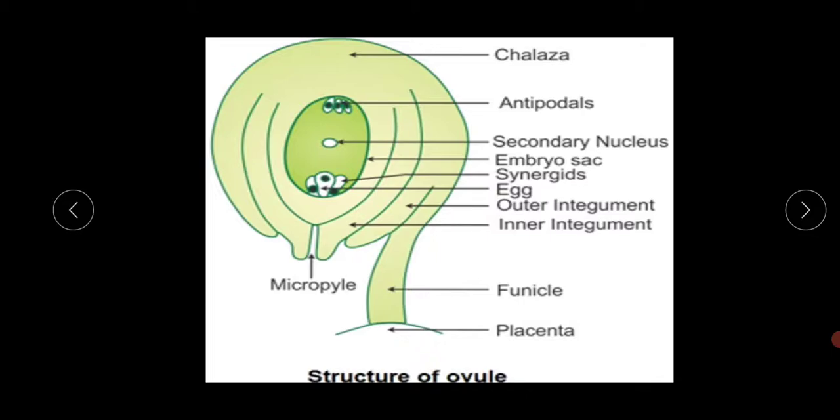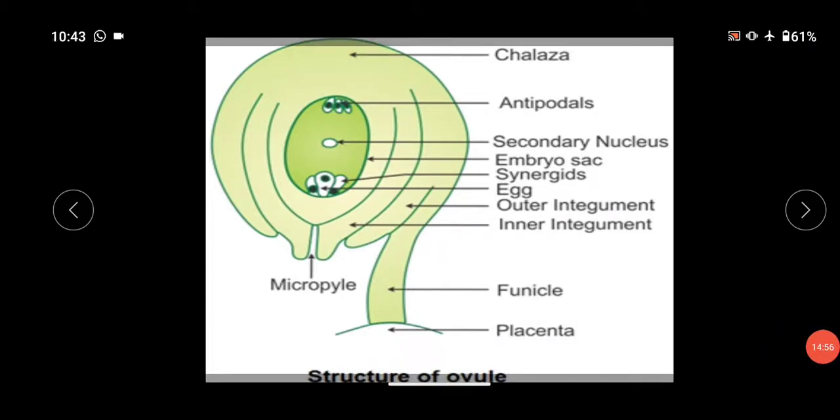Two types of integument are there: this is the outer integument and this is the inner integument. The egg is within the ovule portion. This is the embryo sac, this is the secondary nucleus, and this is the antipodal; we will discuss the antipodal later. So this is the overview of the structure of the ovule.